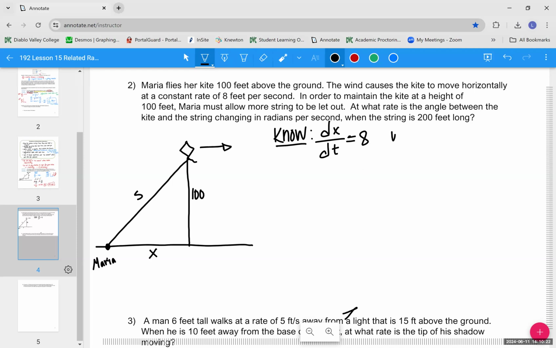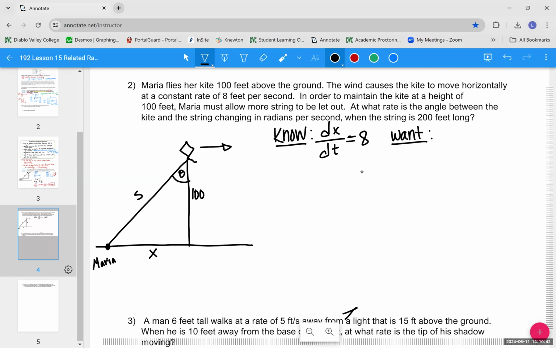Now, what are we looking for? At what rate is the angle? I need to label an angle in here between the kite and the string. So that's got to be this angle right here then.